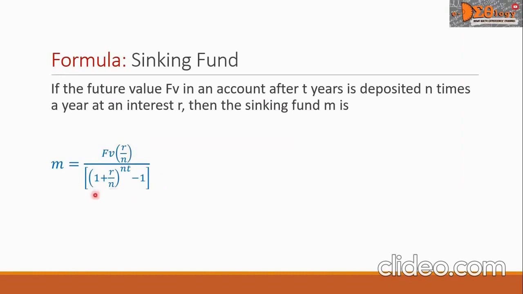We have a binomial here, 1 plus the fraction R over N. And this binomial is raised to a power that is a product of NT. And then this whole quantity is minus 1. Take note that this formula is a manipulated version of the ordinary annuity.